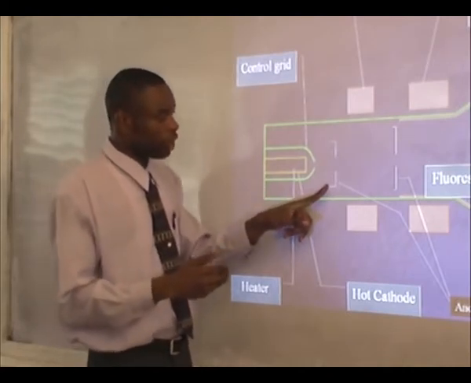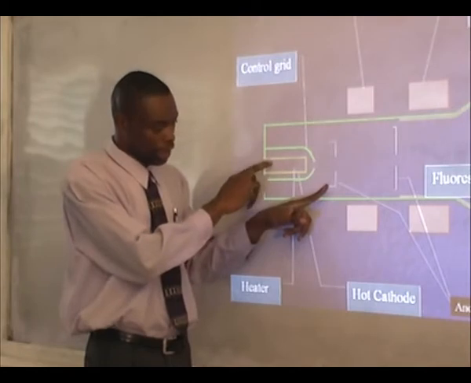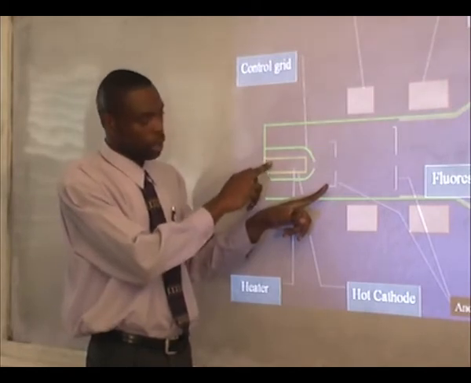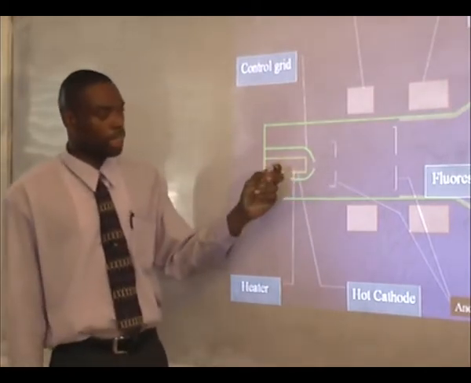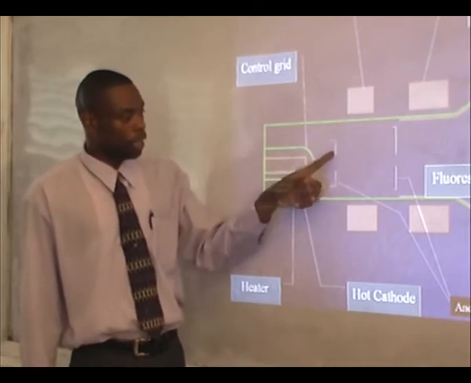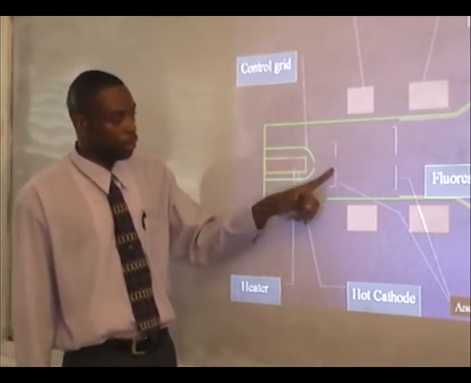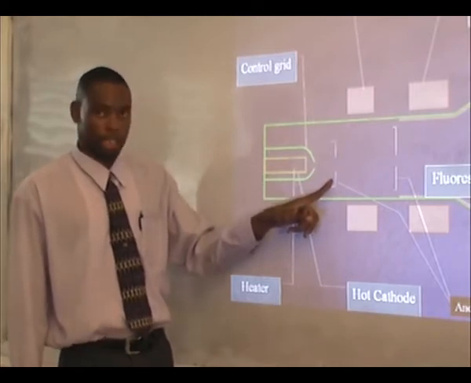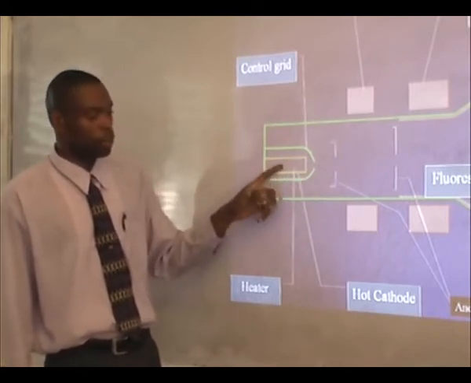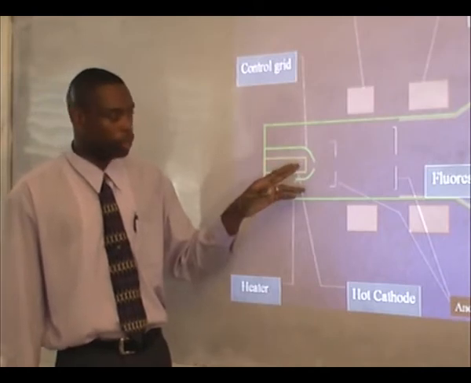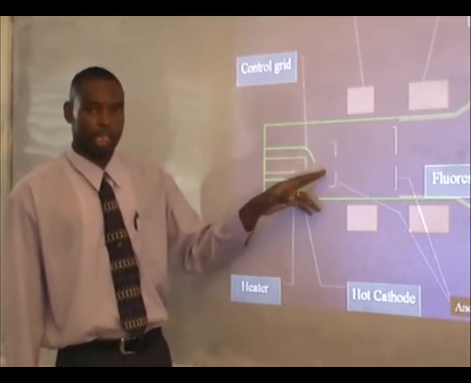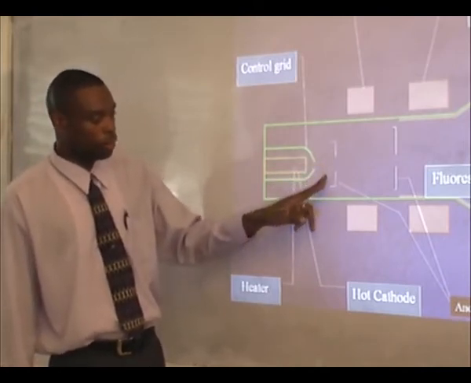And what happens is when the electrons are emitted, the electrons will be attracted to the positively charged anode, the anode at the positive potential. This will cause the electrons to accelerate towards the anode.